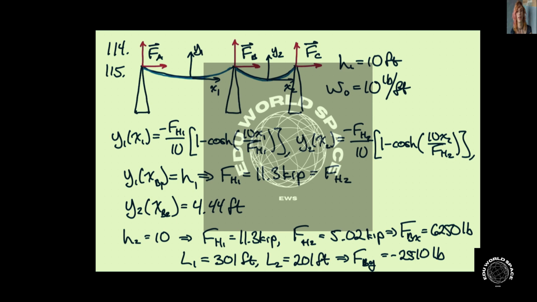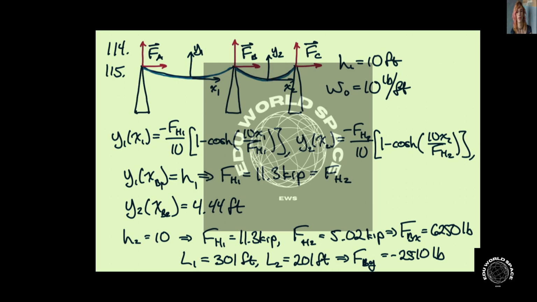So that would be the sag we'd need in this span. In this span, we have 10 feet. So this one would have to sag a little less than half as much as this one, even though the length is not half.